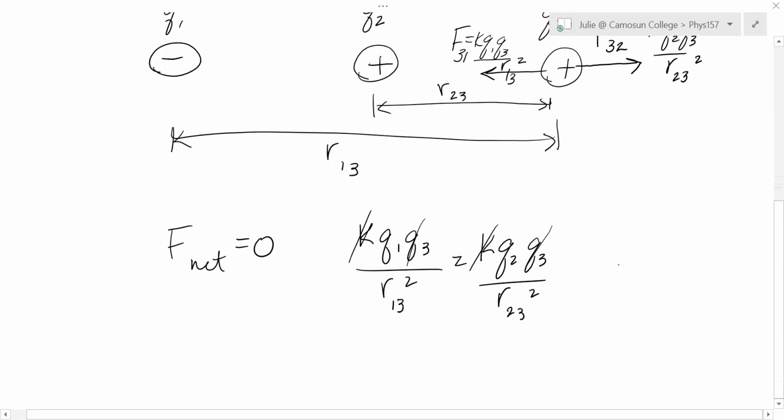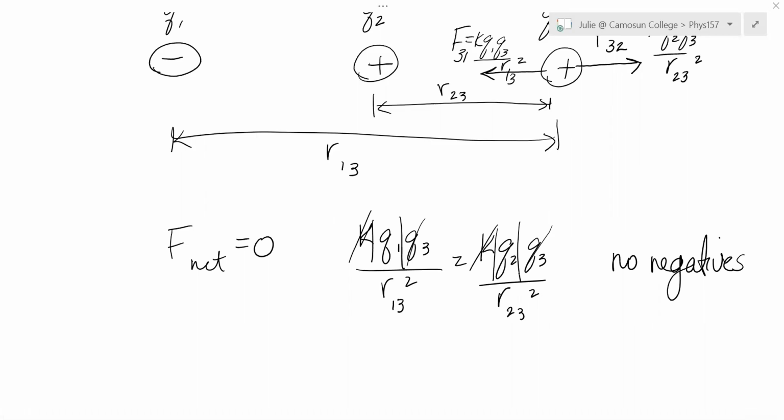But notice no negatives here. So even though Q1 is negative, you do not put that in. So a good idea would be to put absolute value signs here. Don't put negatives in there. Okay, so that's a common kind of question that you'll be dealing with.